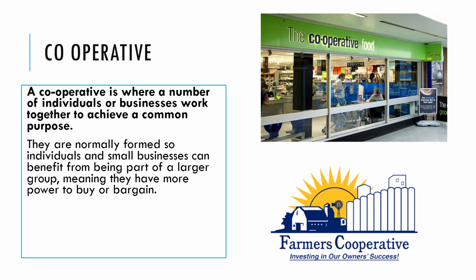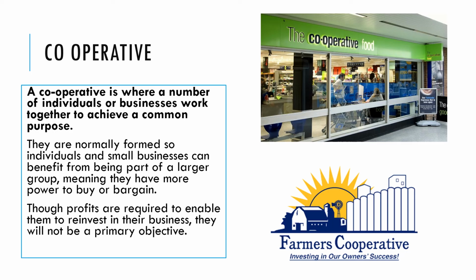If they form a cooperative together and that cooperative bargains on their behalf with the supermarket, then they have a lot more power. Profits may be generated in the cooperative and then reinvested in that particular business, but it won't be their primary objective. Helping out the members of the cooperative will be the number one objective.